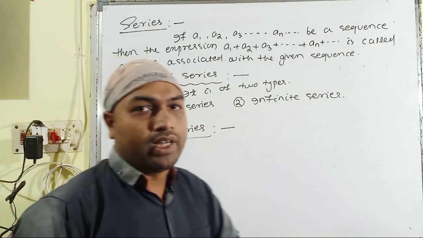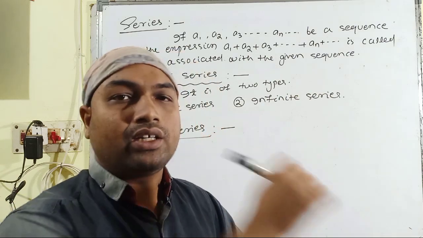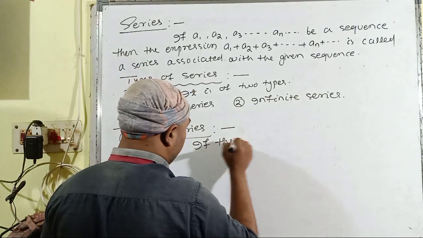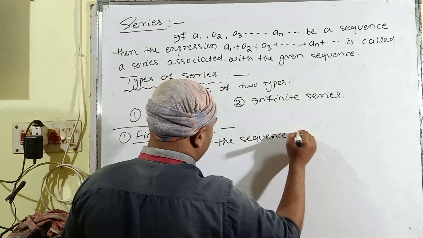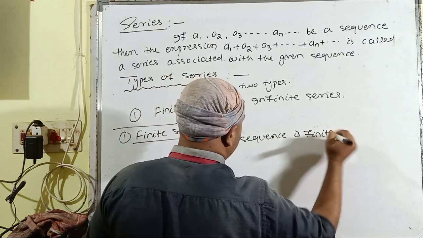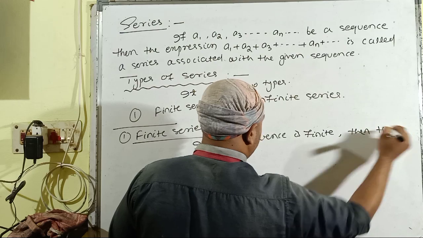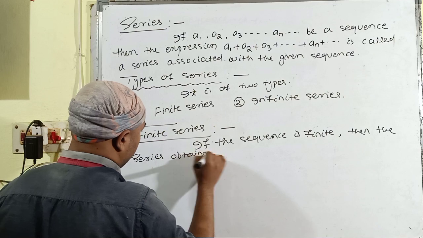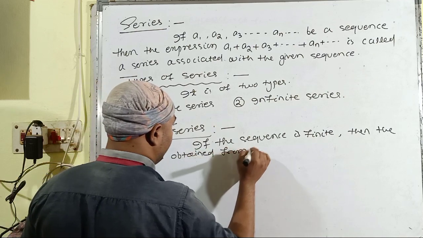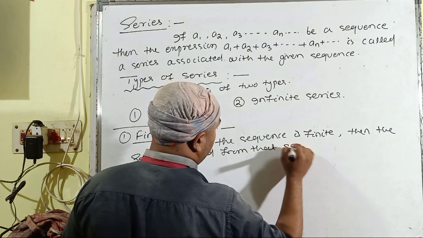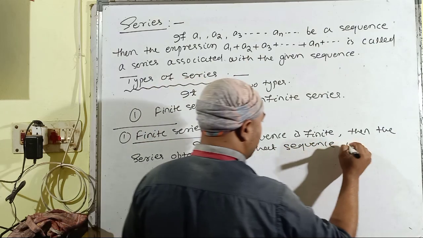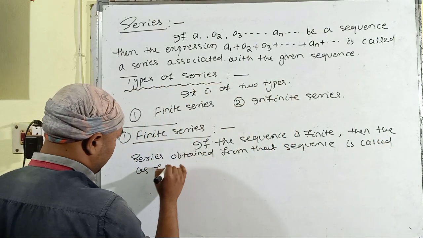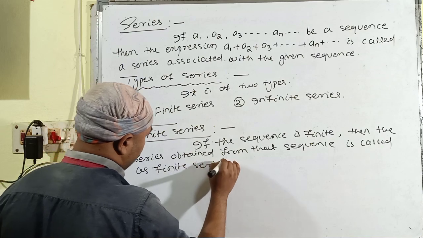If the sequence is finite, then the series obtained from that sequence is called a finite series.